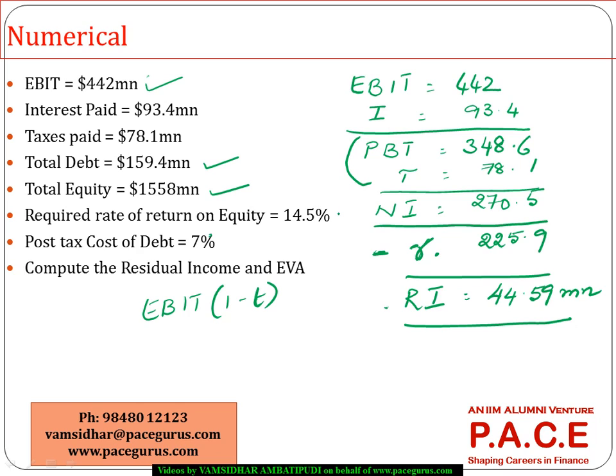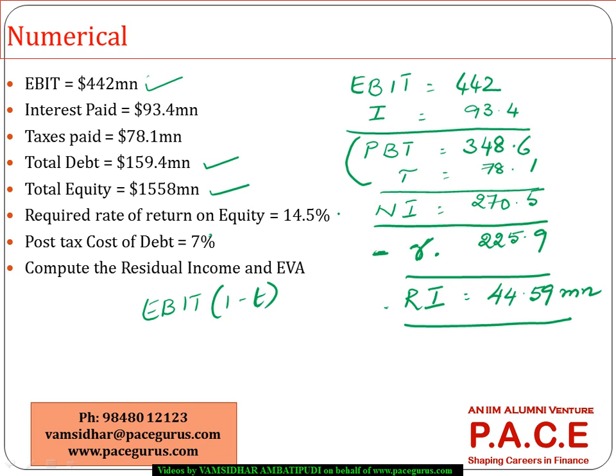Because this is positive, there is going to be a positive value addition, and if it is negative, it's going to have a negative value addition. So this is what we are talking about when we are computing the EVA or residual income.